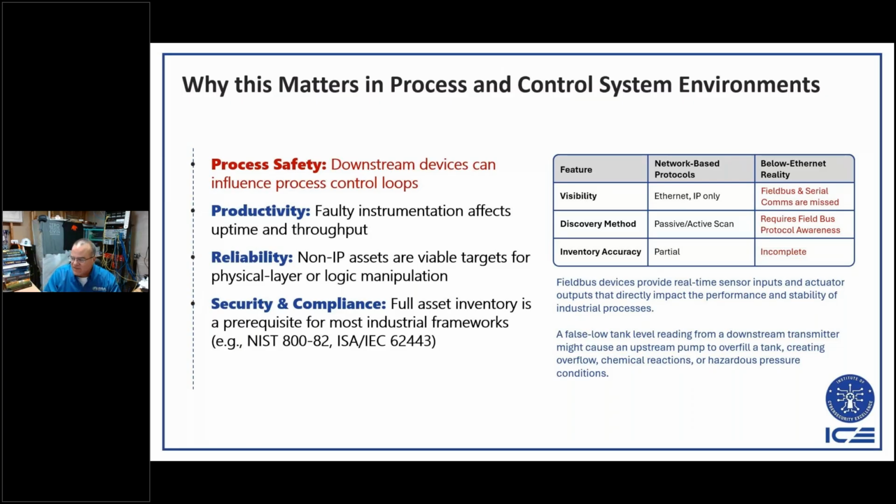And then a couple of notes. You can see in the table, this is not complicated information to take a look at. We're looking at visibility, discovery methods, and inventory accuracy. Some of the problems: field bus and serial comms are missed. We've talked about that. It requires field bus protocol awareness. If it's active discovery of IP, can it peer into the PLC? And then your inventory accuracy is either partial or incomplete at best.